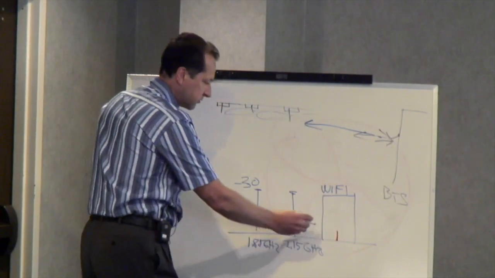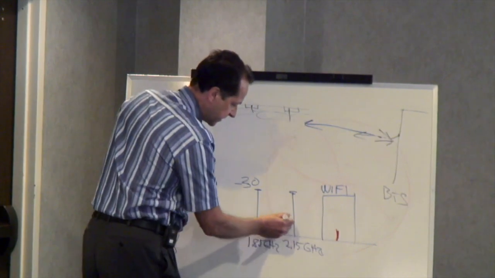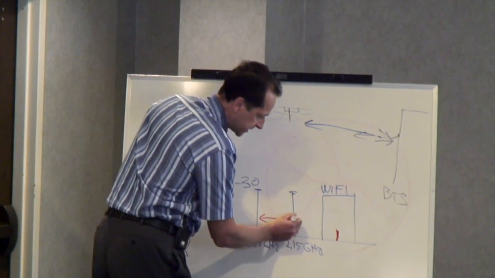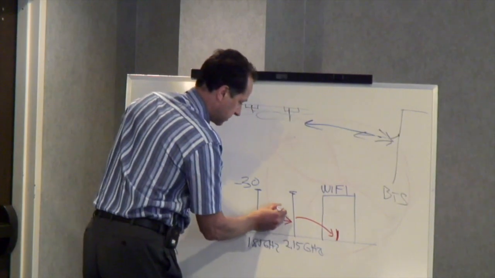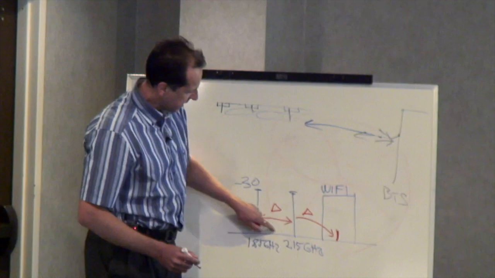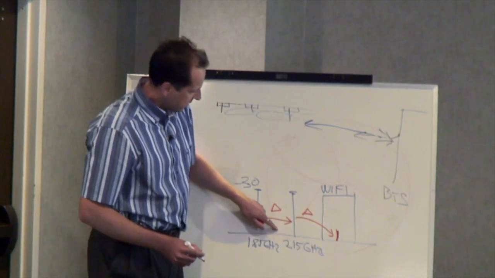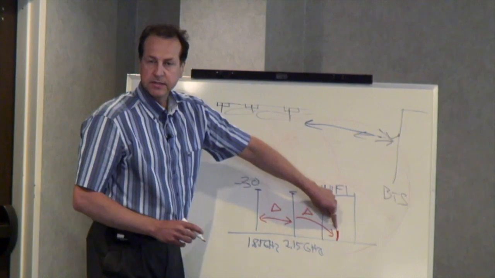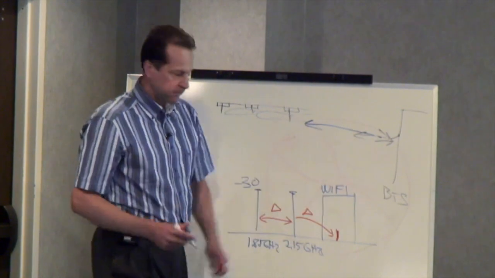So this signal doesn't exist. It is the product of mixing these two signals together, and it just lands here. If this is 300 megahertz, this third order harmonic will land here. It is generated within the receiver.